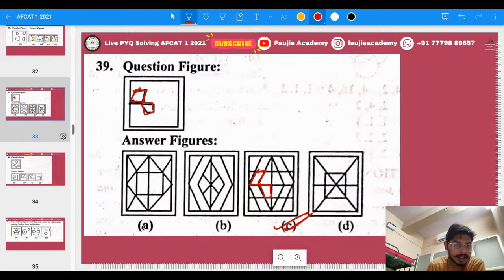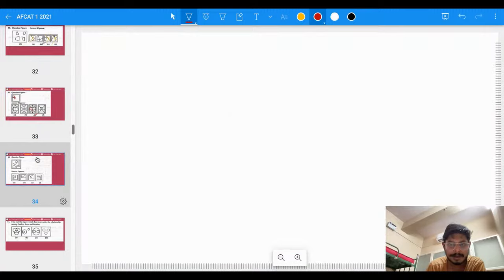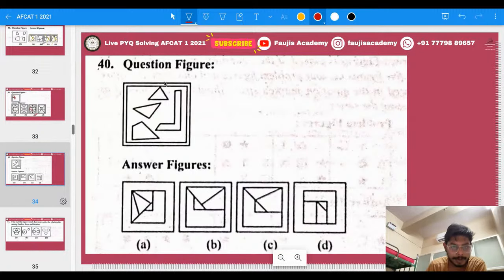39 C will be the answer, guys. Now this one, how many elements? 1 2 3 4, 1 2 3 4, 1 2 3 4, 1 2 3 4 5. So one answer is gone. This cannot be your answer. In this one, the elements are like this.